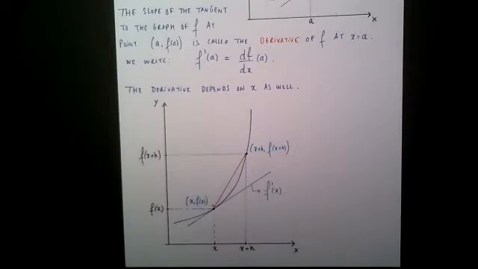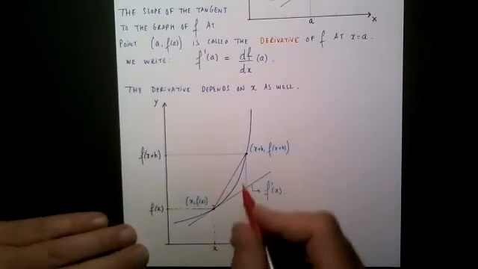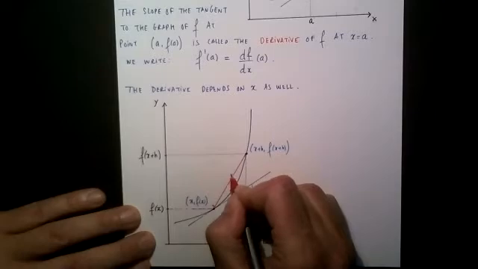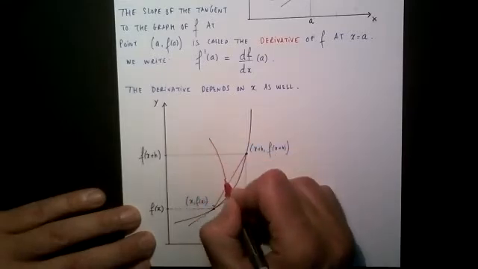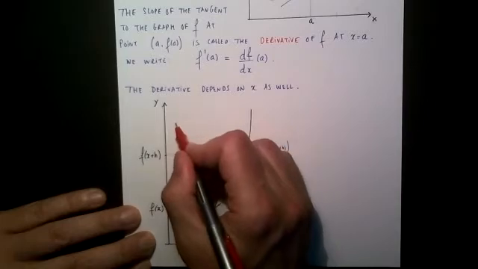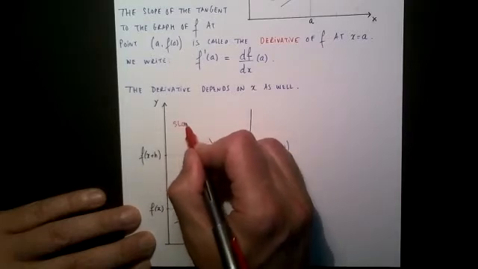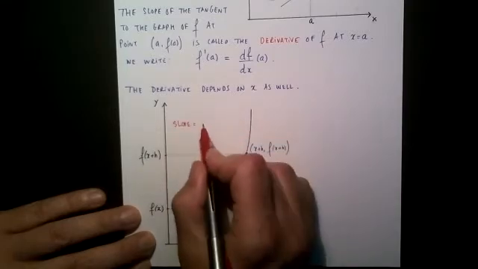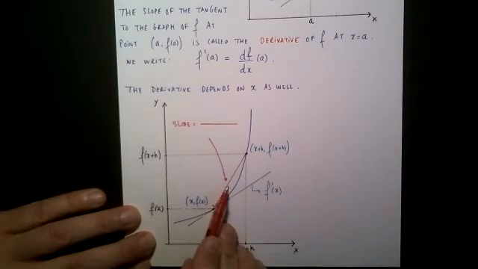And what I'm going to do now is find the slope of this red line. So what is the slope here? I'm going to write it right here. Can you tell me the slope of this red line?